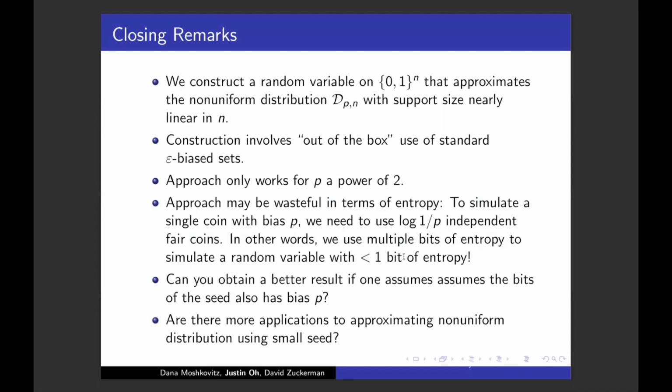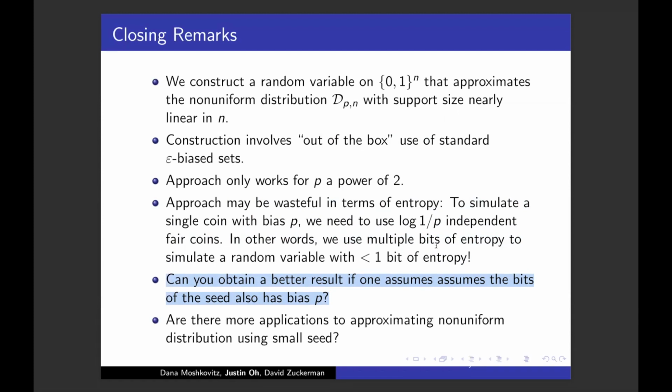So a natural question, I think, is can you obtain a better result, or a more elegant result, if you assume that the bits of the seed also have bias p? In this case, you can simulate a coin with bias p using only one coin of bias p, which is more efficient than having to use multiple coins of full entropy in order to simulate a coin with less than 1 bit of entropy.